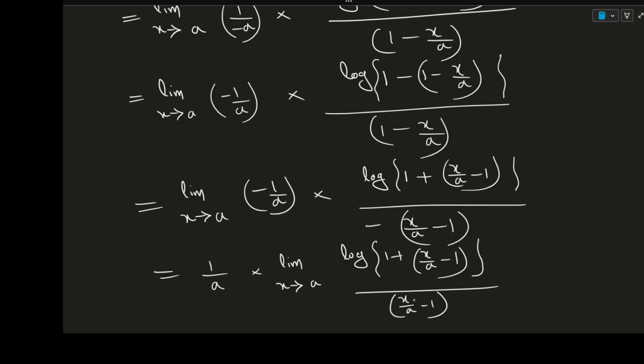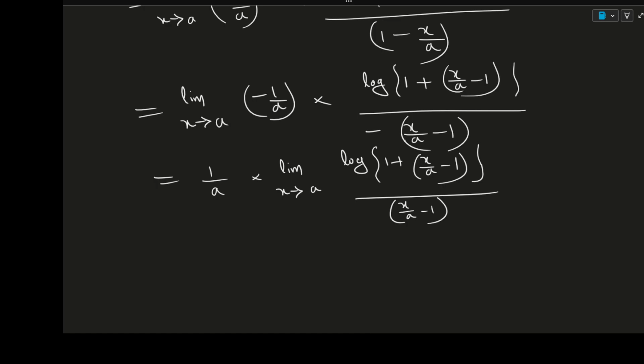Here we can clearly see that our f of x is this one, and in the denominator we also have f of x. When x tends to a, this f of x tends to 0.